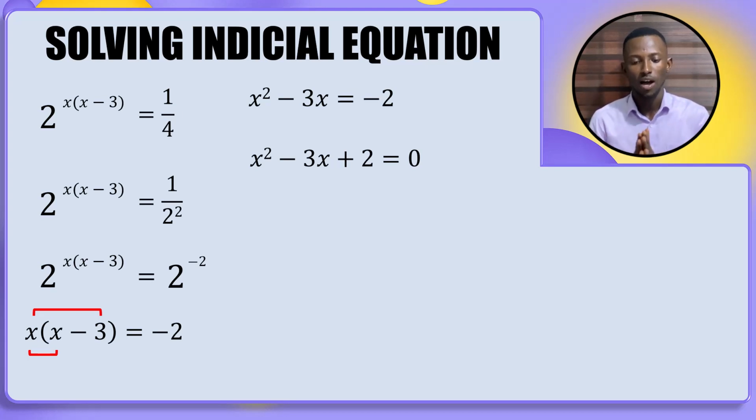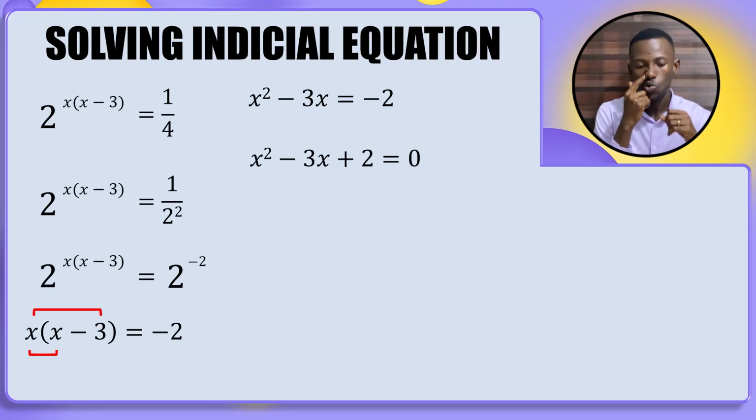Now what we have on our hands is a simple quadratic equation. We need to factorize the expression on our left, that is x squared minus 3x plus 2. How do we factorize it? The coefficient of x squared is 1. You use that coefficient to multiply the constant term, which is 2.